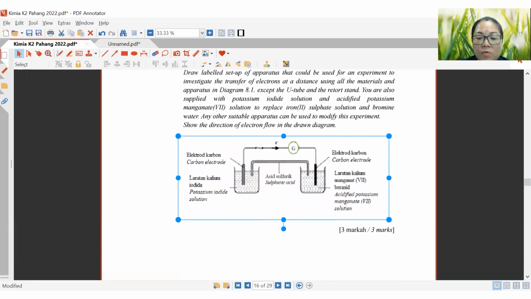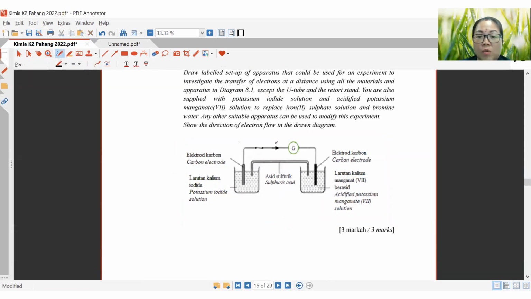So how are marks awarded? First you need to make sure this is a functional diagram. How do we check whether it's a functional diagram or otherwise? By making sure that there is this, they normally use filter paper here as the salt bridge.